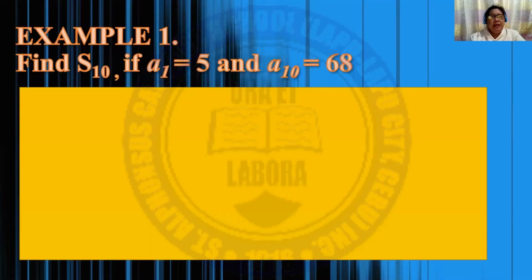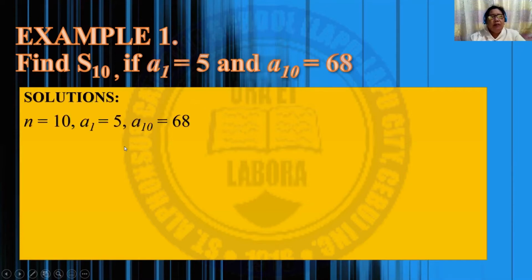Let us have an example. Find the sum of 10 terms if the first term is 5 and the 10th term is 68. For the solutions, we have to identify first the value of n, which is 10, a sub 1 is 5, a sub 10 is 68.